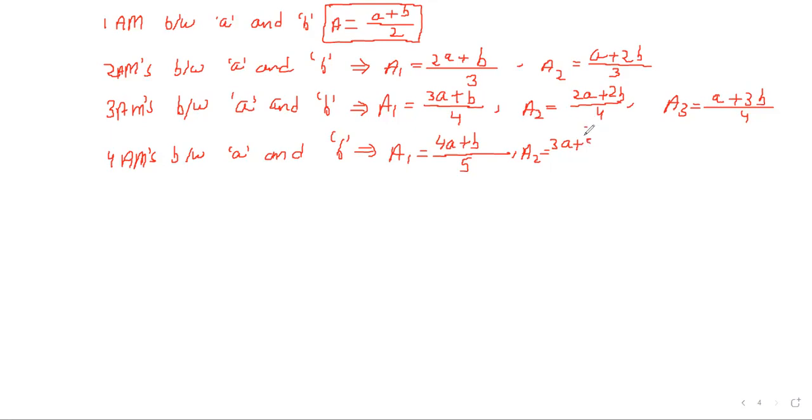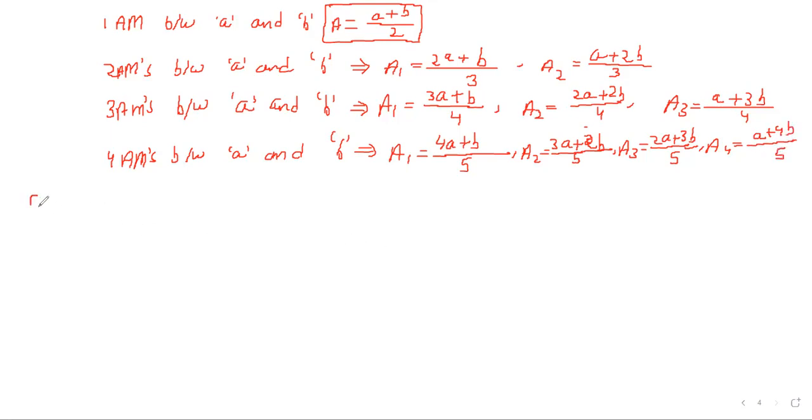Coefficient of B is increased by 1, over 5. A3 equals to coefficient of A again decreased by 1, 2A, coefficient of B increased by 1, 3B over 5. A4, the last AM, of 4 AMs between A and B is (A plus 4B) upon 5.